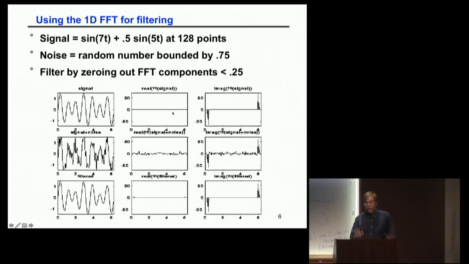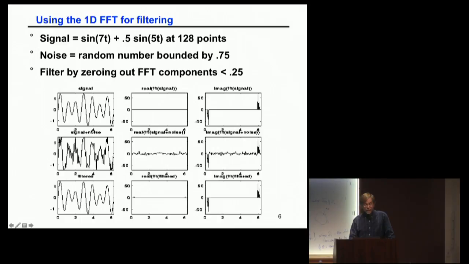The FFT is complex, so I have the real part plotted here, and the imaginary part plotted there. The real part's always 0, and the imaginary part really only has two components. It has a spike corresponding to the frequency at 7, that's right there, and for symmetry reasons there's another spike there, and then there's a spike of half the size, because the amplitude is a half, sticking down at 5.